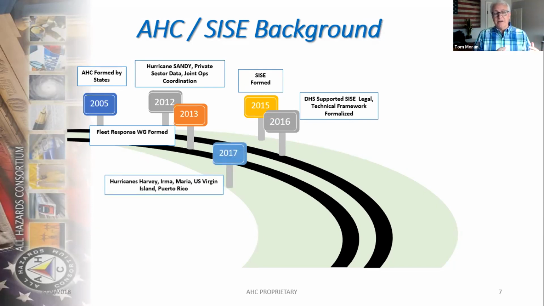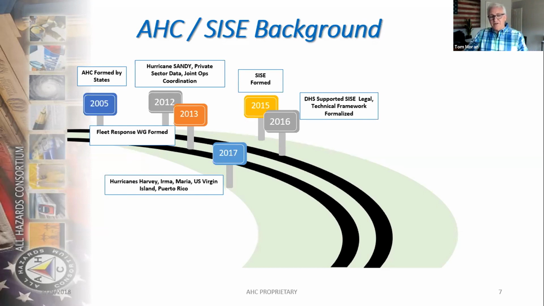It really helped coordinate a lot of things, and specifically, it helped coordinate all 50 states with electric utilities, moving resources from all over the country into the Gulf and East Coast ports so they could take barges down to Puerto Rico and Virgin Islands.